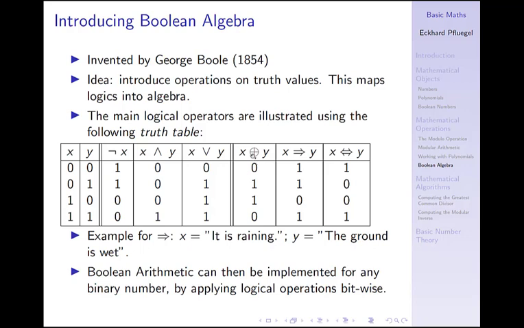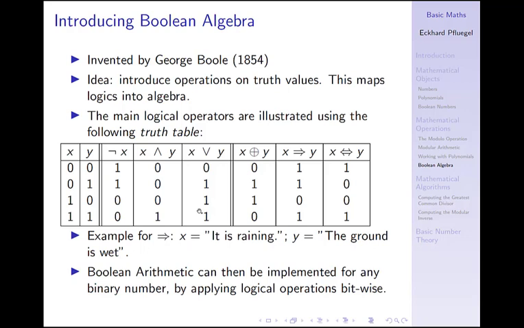So let's start with the exclusive OR operator or XOR operator, that's used quite a lot in computer science. So basically the exclusive OR is very similar to the normal OR, but it is not actually allowing both inputs to be 1.